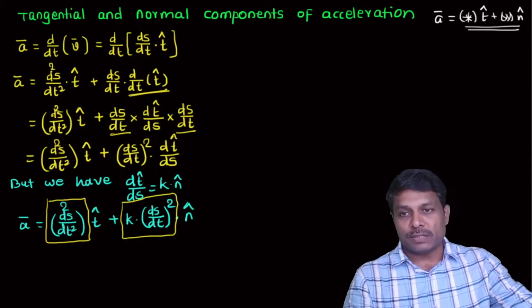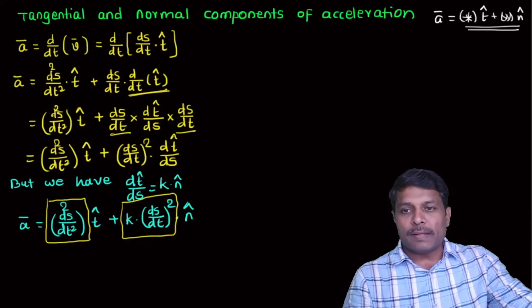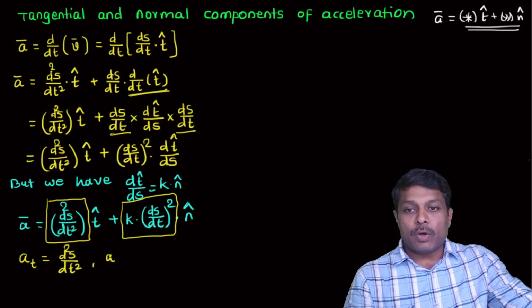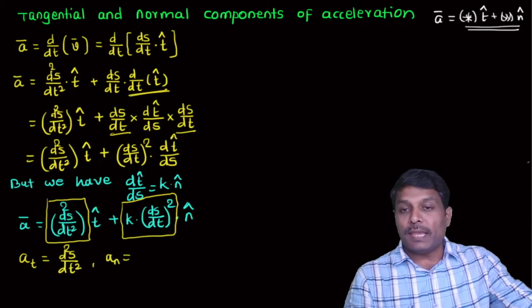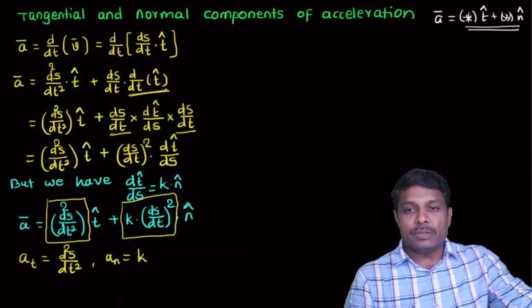The tangential component is denoted by at, which is d2s by dt square, and the normal component is denoted by an, which is k into ds by dt whole square.